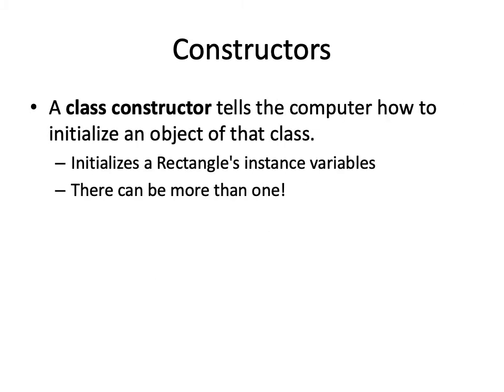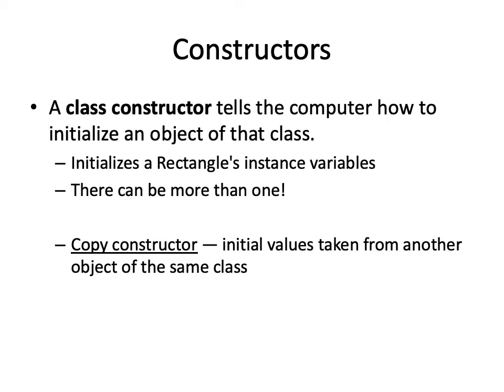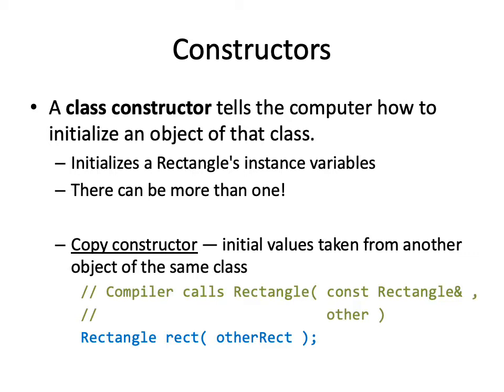Another kind of constructor is the copy constructor. What this does is it takes the initial values from one object of that class and copies them into this new object. So here, if I have some other rectangle called, creatively, other rect, then I can pass that in these parentheses to the rectangle called rect.